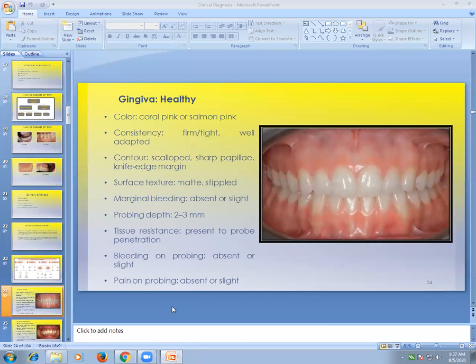Then contour, you have to write about contour. Contour, you have usually seen, is normally scalloped. Scallop means what? On the radicular area, the gingival margin has moved apically, and in the interdental region again it is elevated.